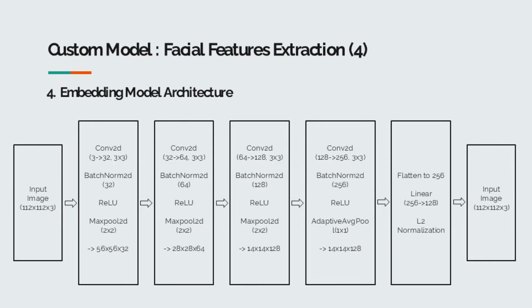Our CNN architecture consists of 4 convolutional blocks that extract features. Global average pooling reduces it to 256 dimensions. A linear layer reduces it to 128. And L2 normalization produces the final embedding vector.